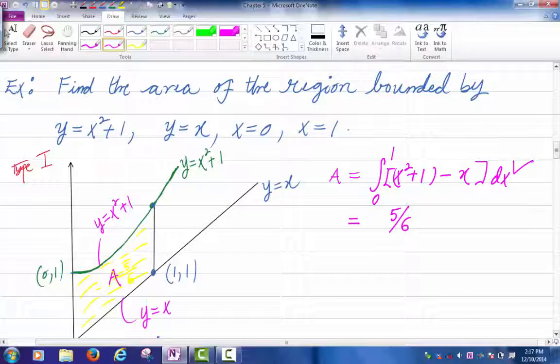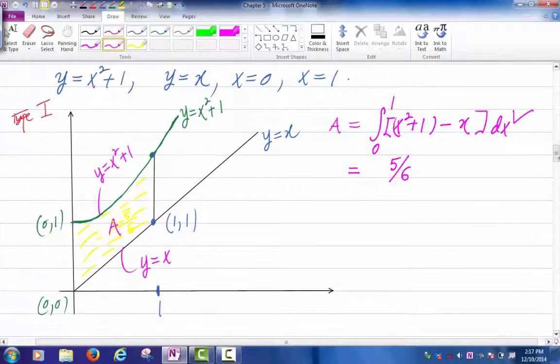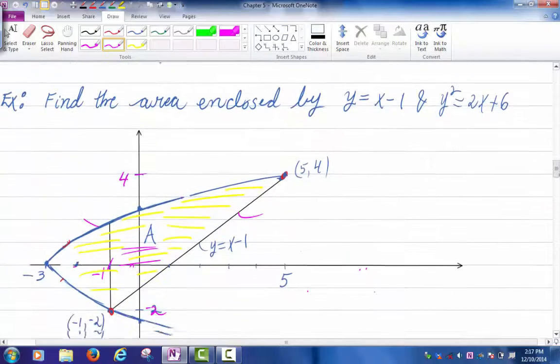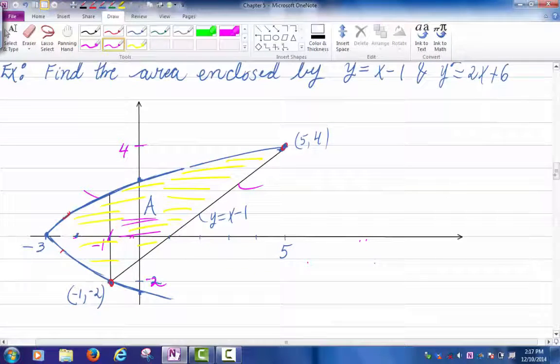You don't have to give me the numerical answer. Why? Because I'm going to be asking you integration problems separately anyway, so how many times do I want to test you on finding integrals? Well, not too many times. So in this case, I want you to just set up the integral. And also it makes my grading easier. Okay? All right. So next example.